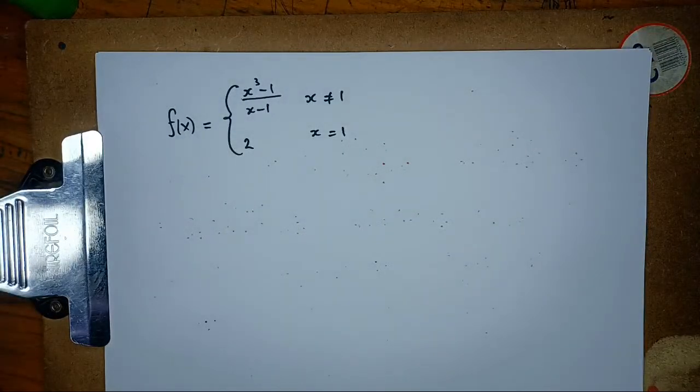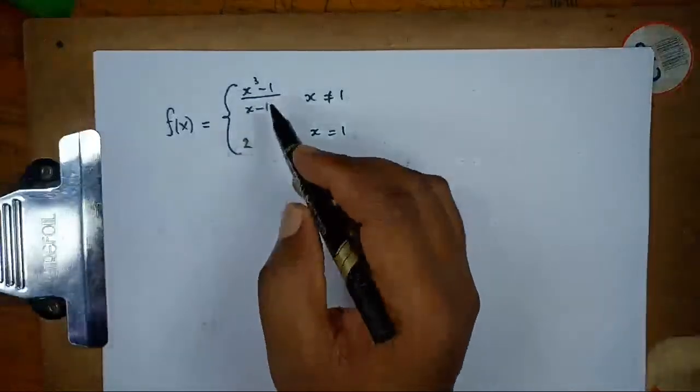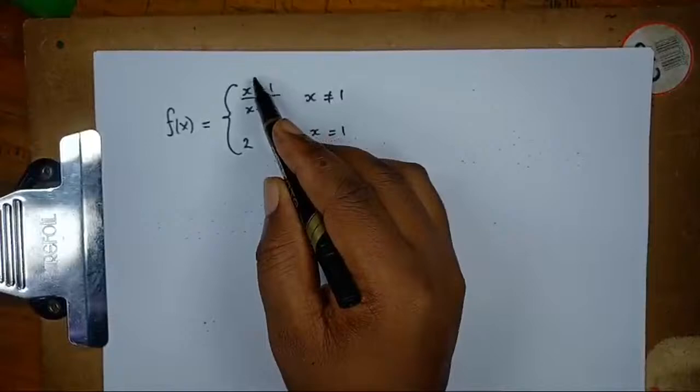We've been told that we're testing whether it is continuous at 1. Now, what we're going to do is find the limits. And once we find the limits, we'll have to check if what we get will be the same, then we can conclude. This is what we mean. So in this case, the function is just this one that we have here.